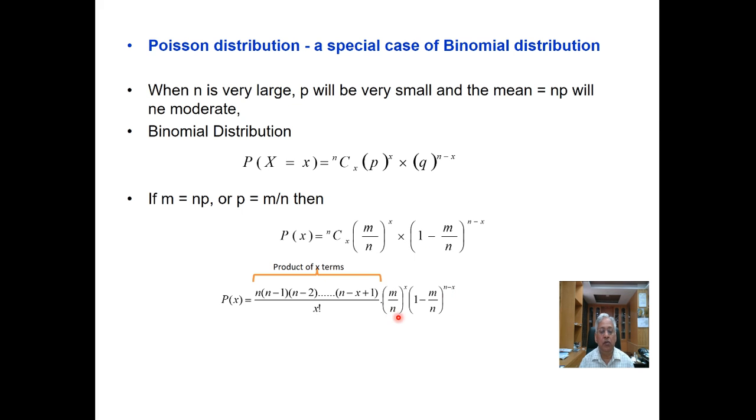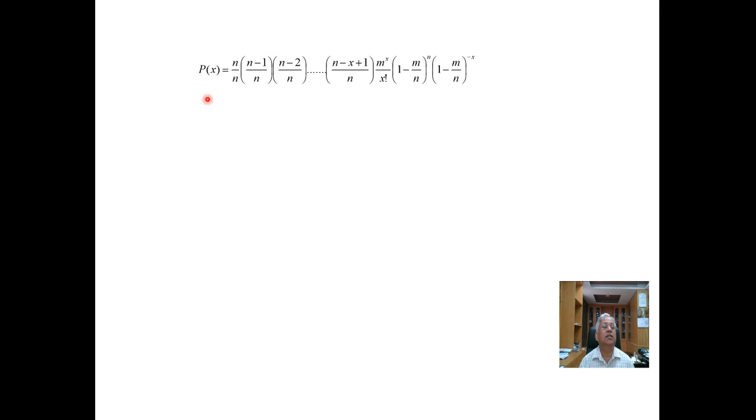Now, if you take this n outside this bracket, it will be n to the power x. So this can be divided into x terms. It will be like this: n upon n into n minus 1 upon n, n minus 2 upon n, and so on, m to the power x divided by factorial x, into this term into this term.